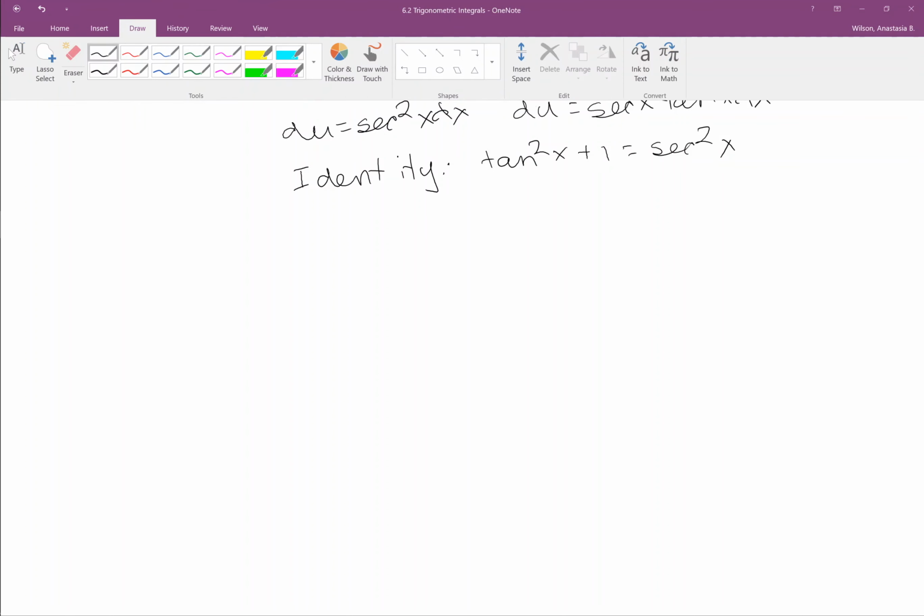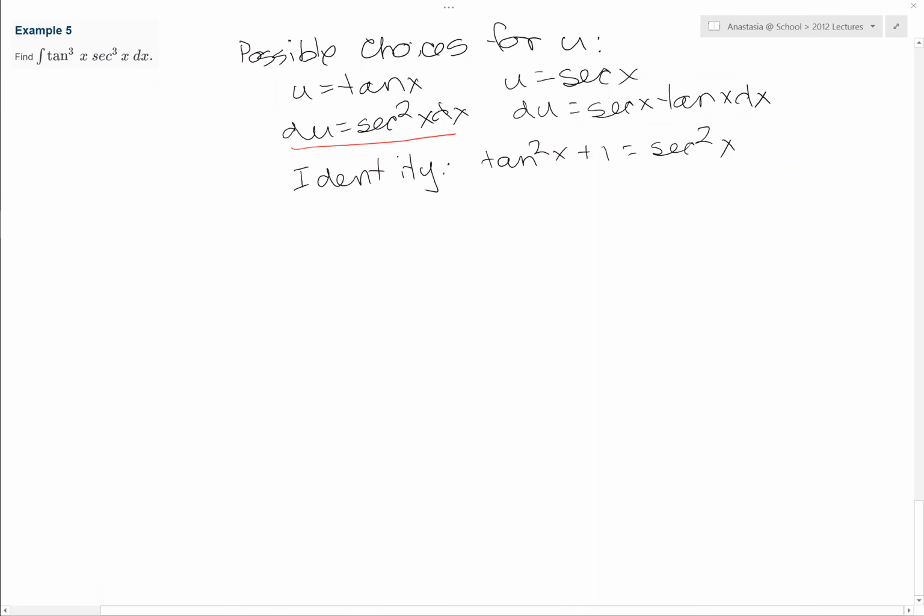If we were going to use u equaling tangent x, then du would be secant squared x, so we would need a secant squared split off here, which would give us secant x times secant squared x.